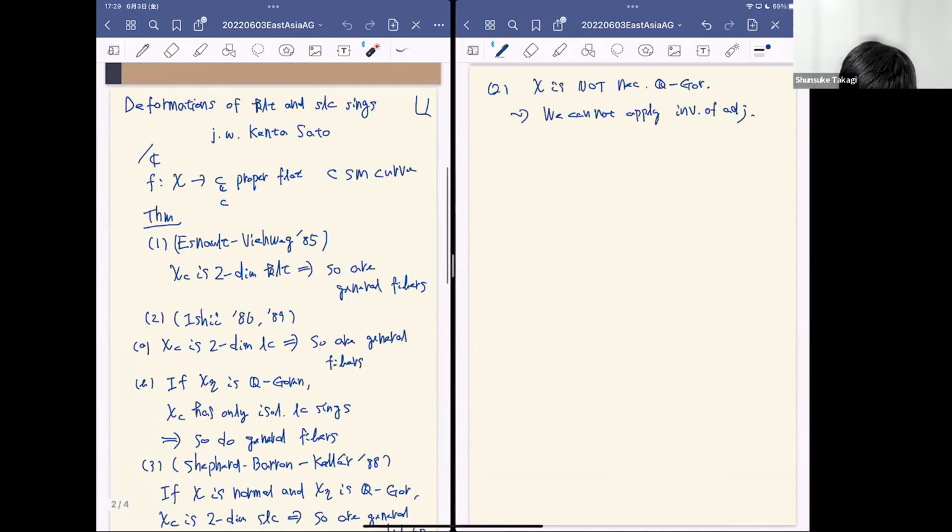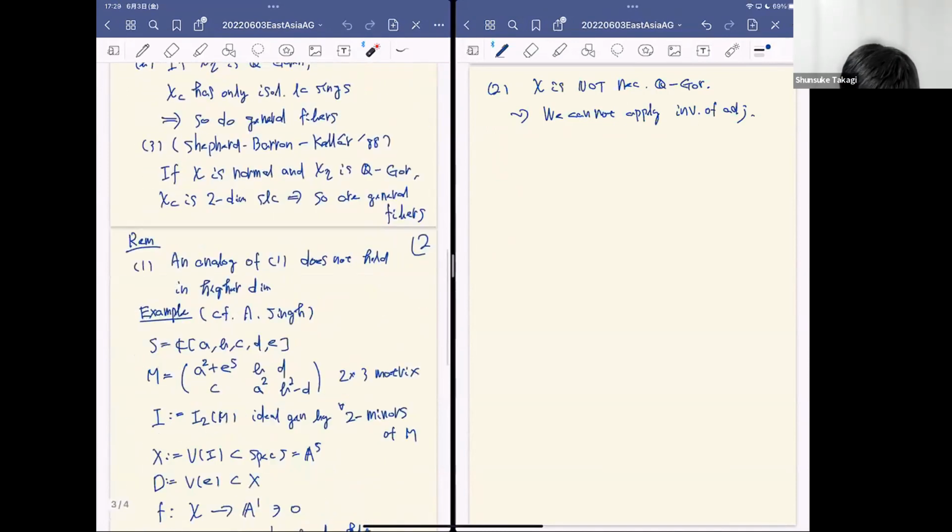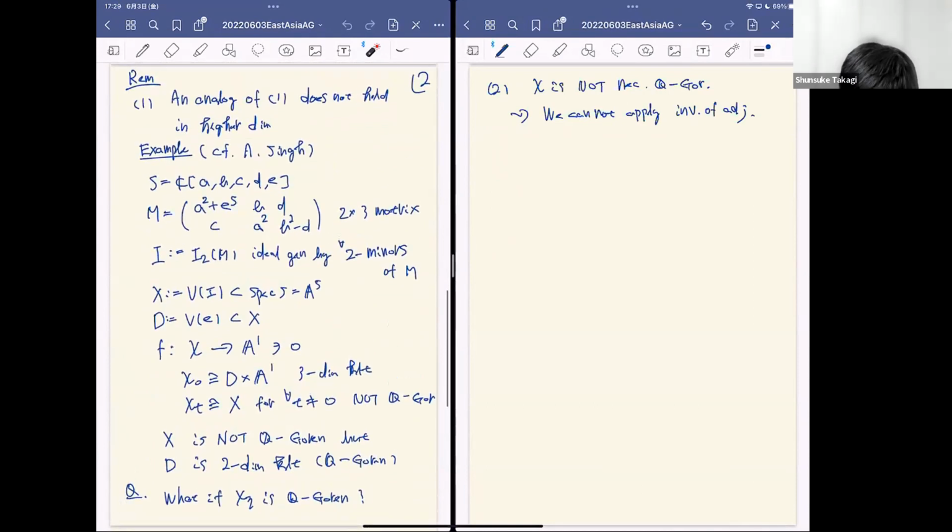Okay, then, as I said, I use the theory of non-Gorenstein singularities, which is initiated by Dufresne and Heycon. So let me quickly review their theory. Okay, so this is the introduction, and now let me review the theory.